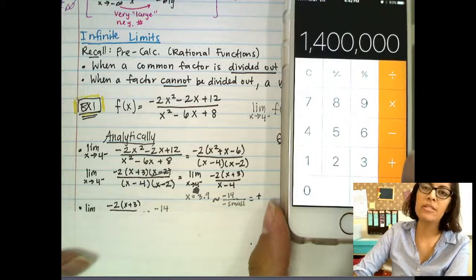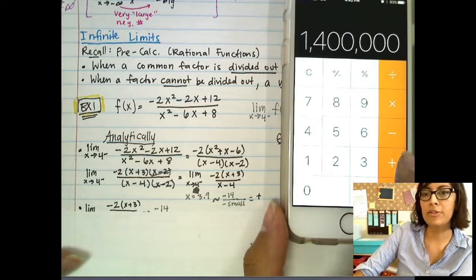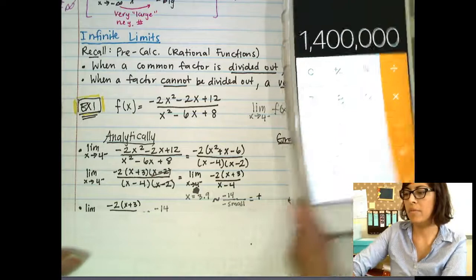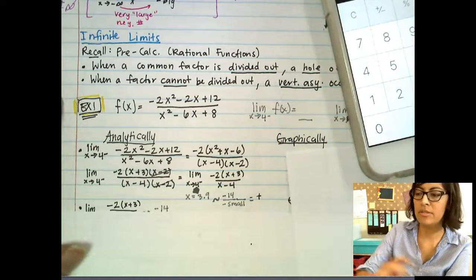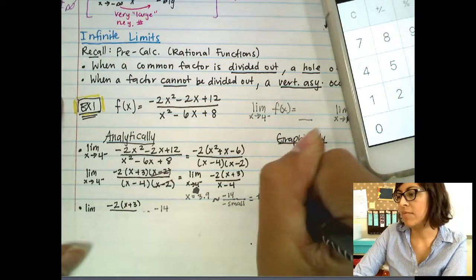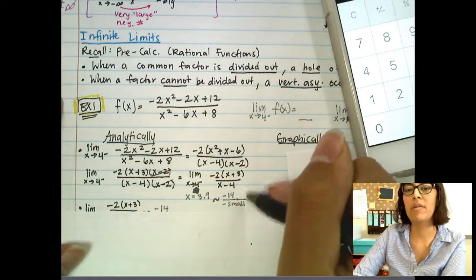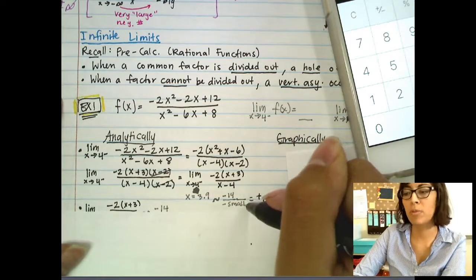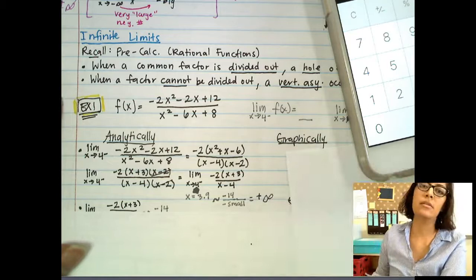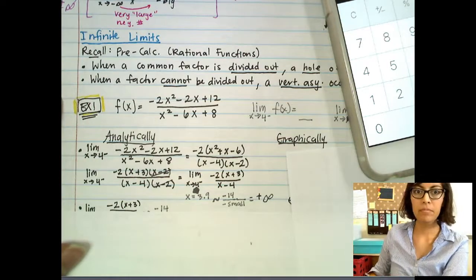If we make this number even smaller, it'll be even larger. So this number tends towards positive infinity. Whenever we have a fraction and the denominator is really small, the result is an infinite value.